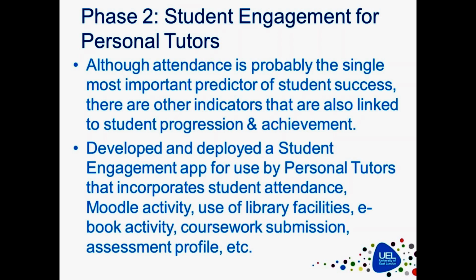That meant the personal tutors could monitor their students in terms of attendance, how they were using Moodle, the use of facilities, ebook activity, whether they'd submitted coursework, how they were doing in their exams, and so on. So that when students met with their personal tutors, there was a basis for a conversation.